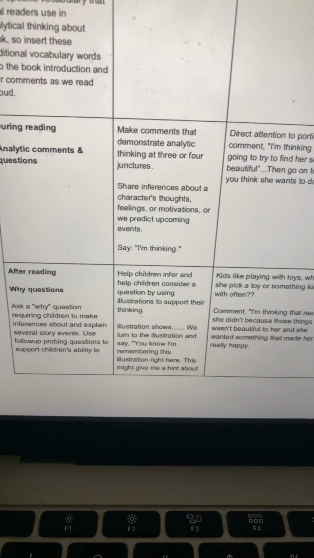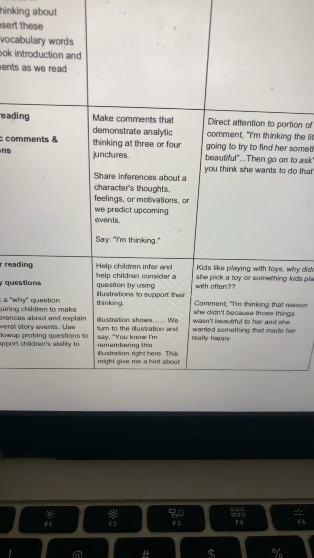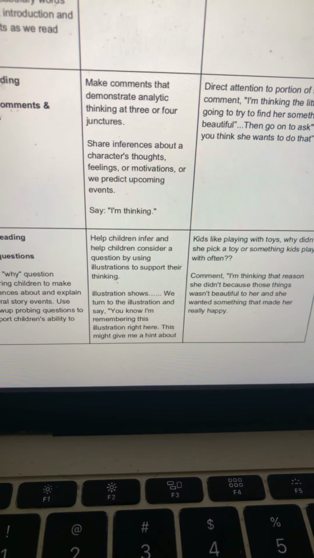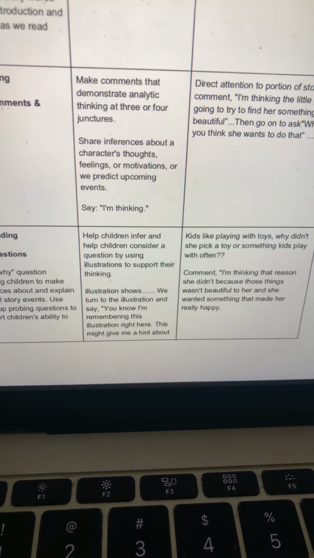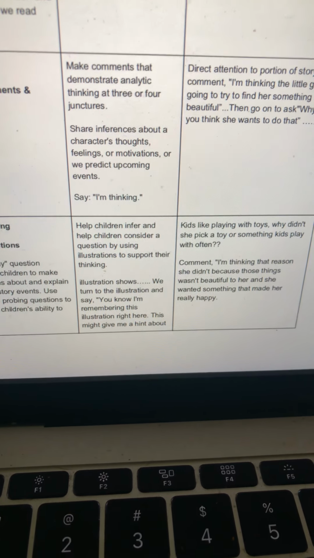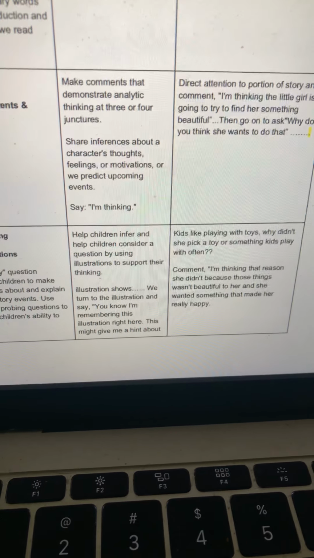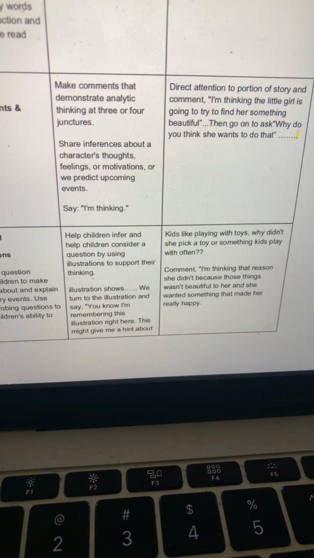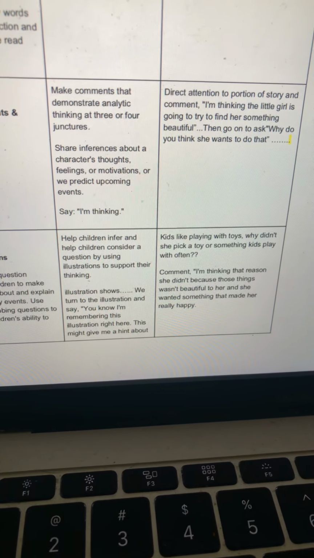Then she goes on to the after reading, and we see that in the after reading we often ask a why question, and we're trying to help children infer and consider a question by using illustrations that support their thinking, particularly if you can use a double spread in a book. And a double spread is just opening up the book flat so that you can see both pages.